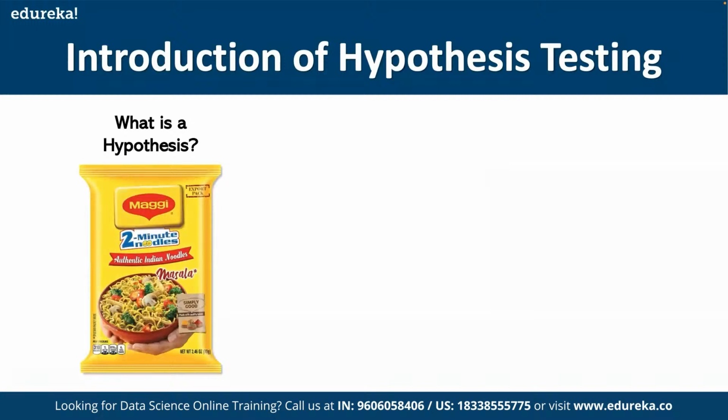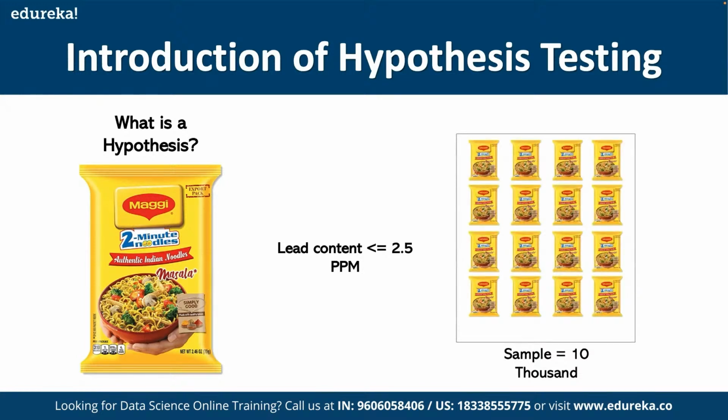Okay, let's take up an example. We assume that for Maggi noodles, there is a lead content of less than or equal to 2.5 ppm. Now, this is my assumption. If you think about the production of Maggi noodles by the Nestle company, they will be producing lakhs and lakhs of products.